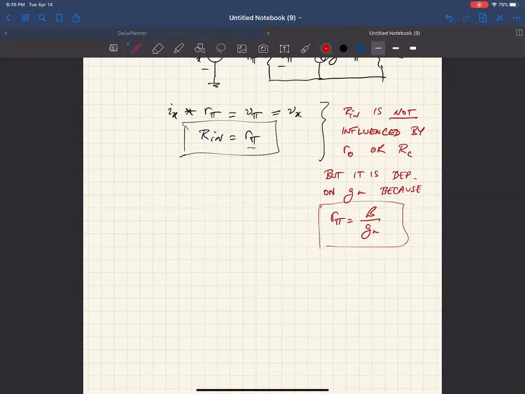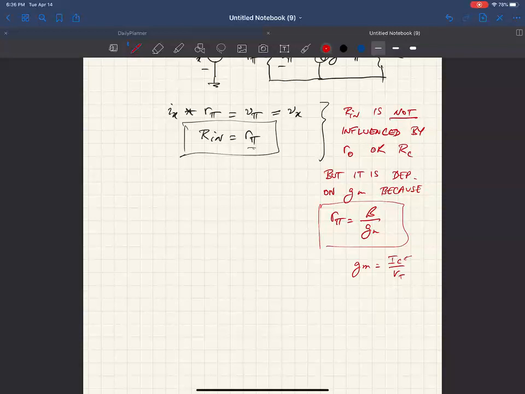So if you reduce the transconductance, and remember the transconductance is I sub C over V sub T, you could reduce it by reducing the collector current or the biasing current of your device, and that'll give you a higher input impedance.